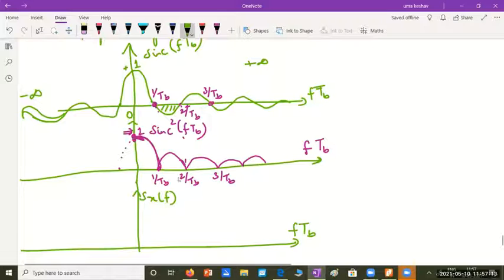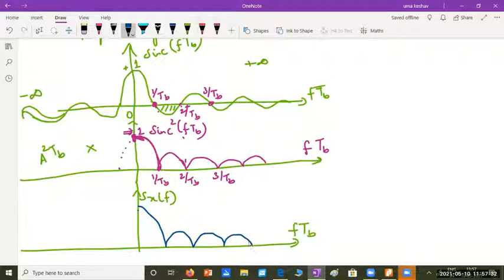So this representation, if I multiply it with a square into Tb, whatever I'm going to get, that is your power spectral density Sx of f.